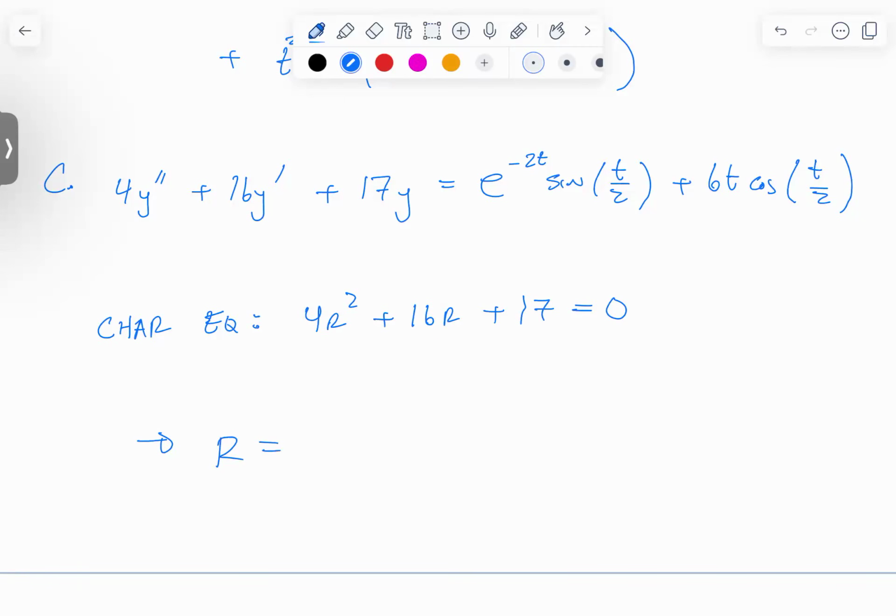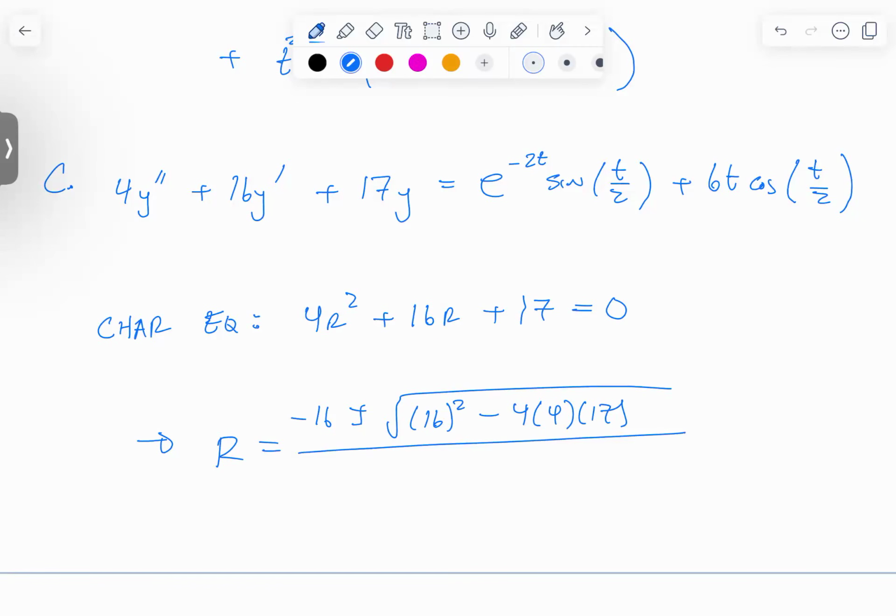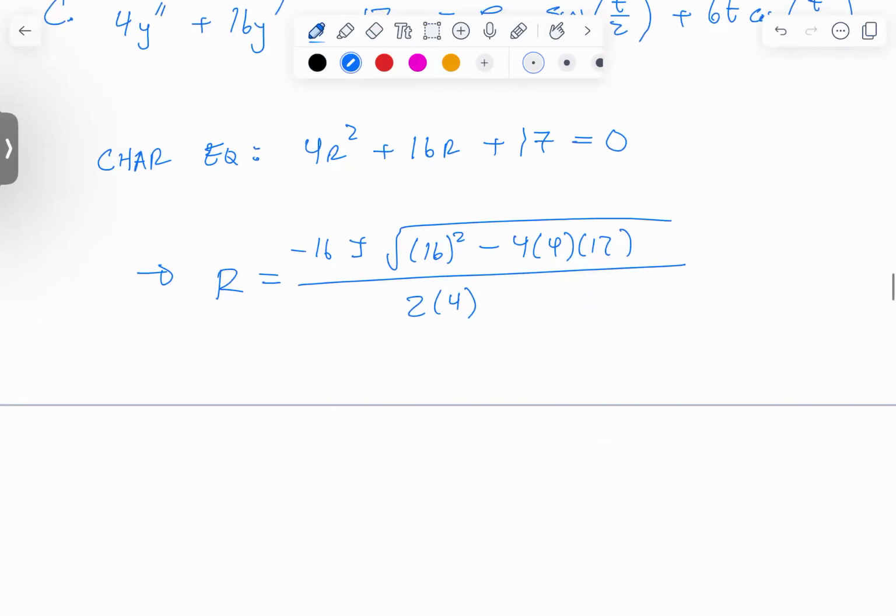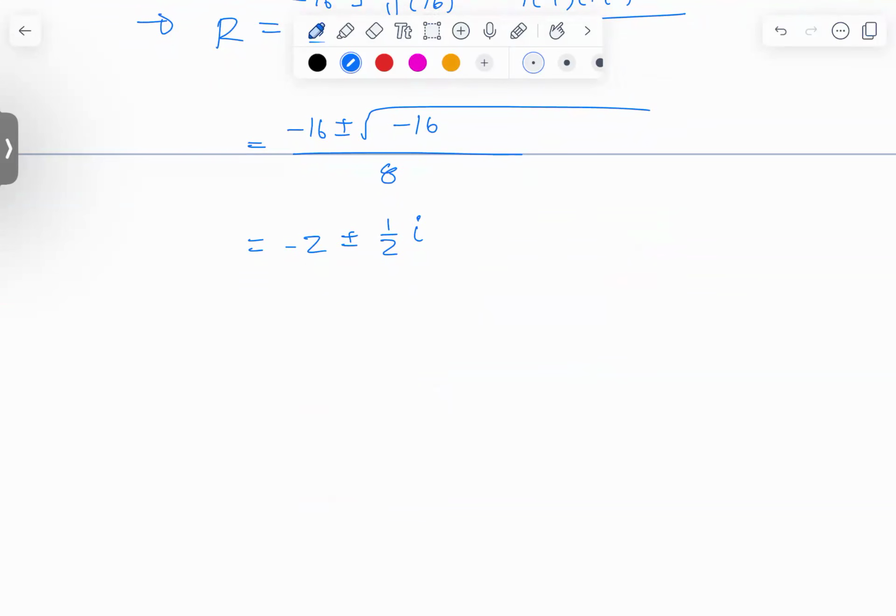And this guy, the quadratic formula, does not factor. It would then result in our imaginary roots.